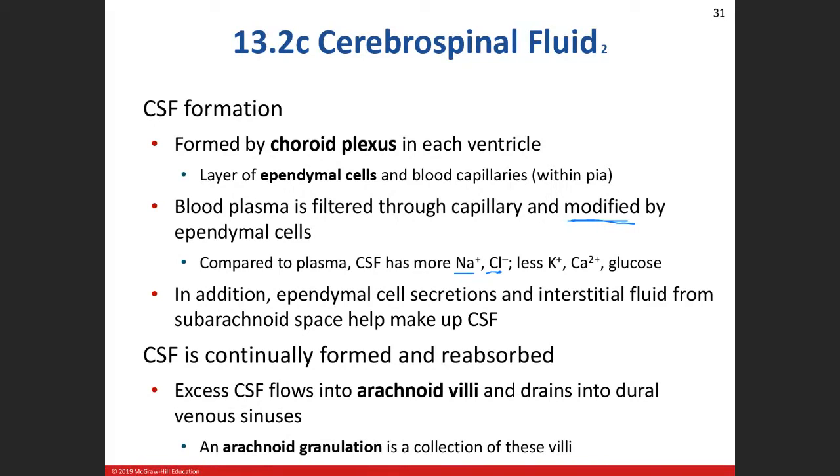It helps provide the ions that we need for action potentials. So we'll have way more sodium and chloride in it, but you'll see we'll have a decrease in the amount of potassium. That's fine. You want less because you want the potassium to be inside the cells. We'll see decreased levels of calcium, no problem, and then glucose.